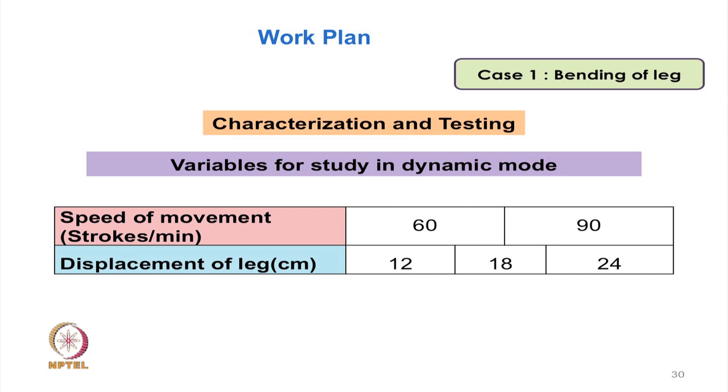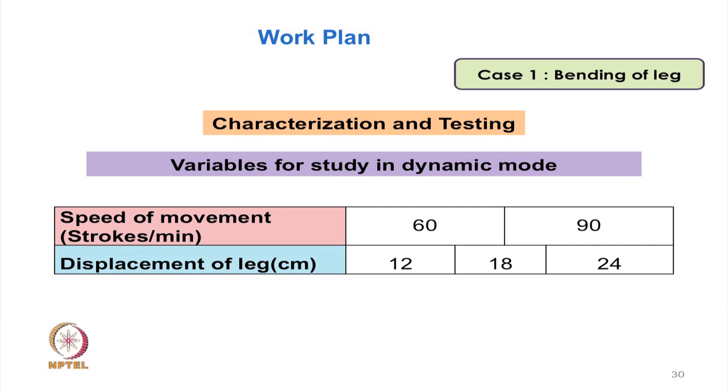Now, here in case 1, when we study the bending of the leg, the stroke speed, the speed of movement, the strokes per minute, has been changed. One is 90 and another is 60. That means, when a person is walking, it simulates the speed of walking, and the pressure drop for a particular bandage is studied.